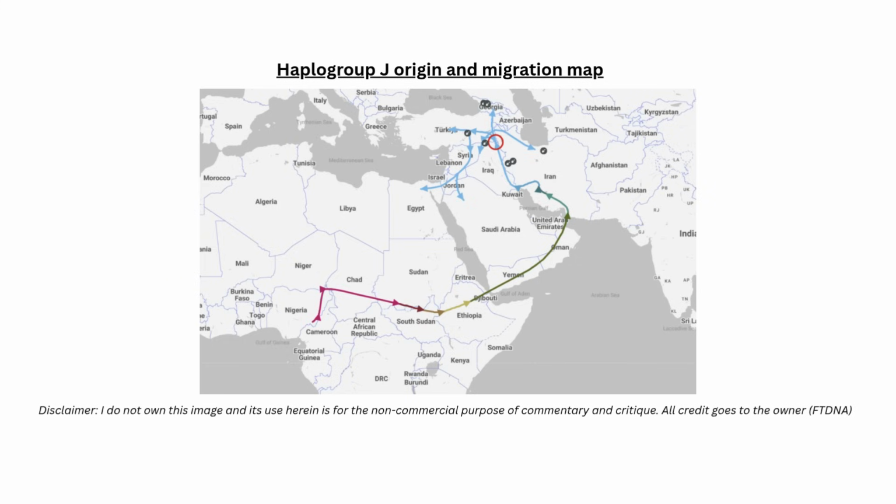What's important here is that haplogroup J is represented by the light blue line at the top right, and the point that's circled, you can think of that as the most likely location of where the male who had the first sort of deviation that represents haplogroup J was located before they started splitting.